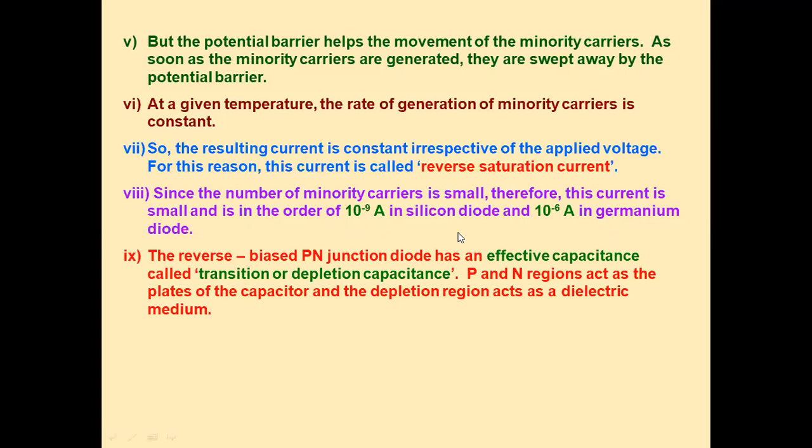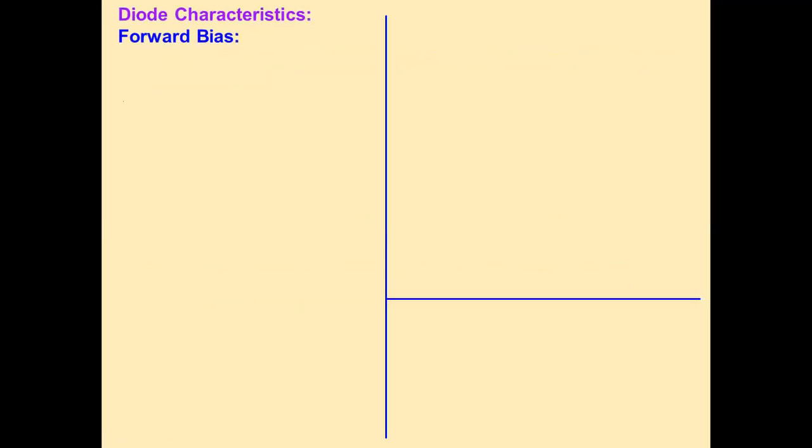In reverse biasing, the PN junction diode has an effective capacitance called the depletion capacitance. The P and N regions act as the plates, the electrodes of the capacitor, and the depletion region acts as a dielectric medium.